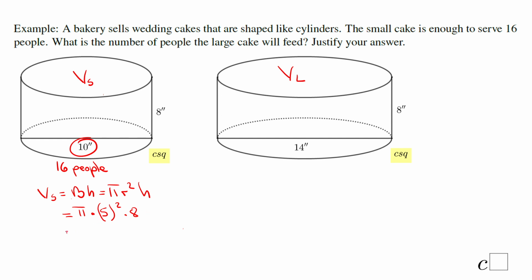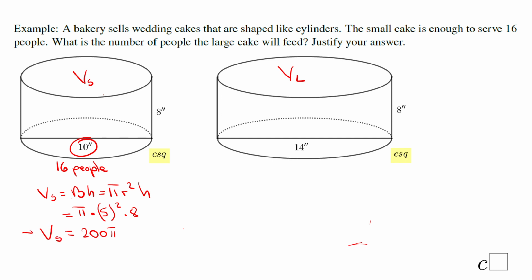So we have here 25 times 8. If you do the math, that will be 200. That is the volume of this cake, 200 pi. And you notice the units are the same, inches.